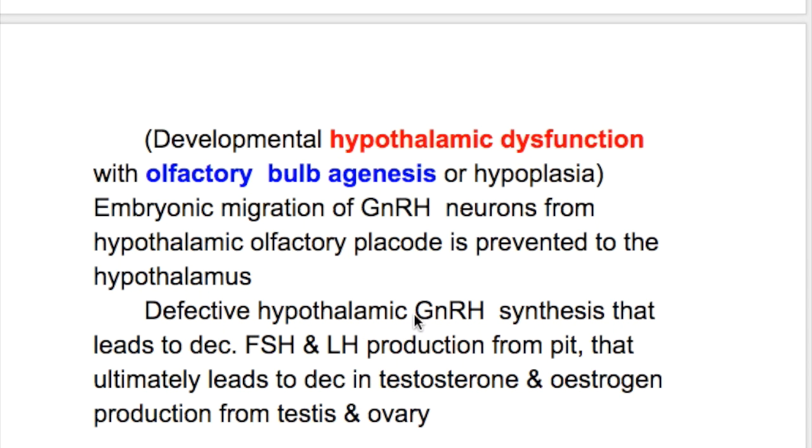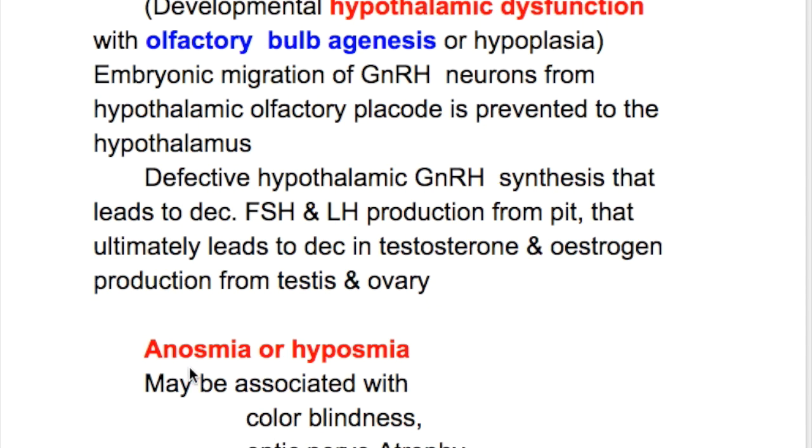Defective hypothalamic GnRH synthesis leads to decreased FSH and LH production from the pituitary, which ultimately leads to a decrease in testosterone and estrogen production from testis and ovary. Otherwise, pituitary and gonads are normal, but the hypothalamus is abnormal.